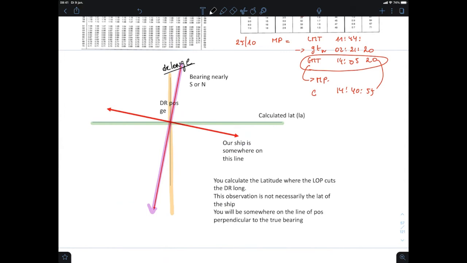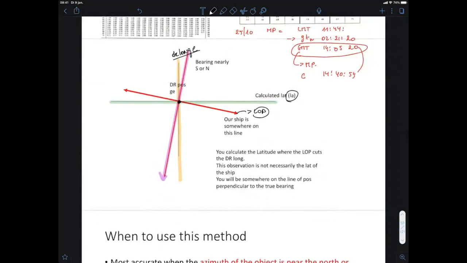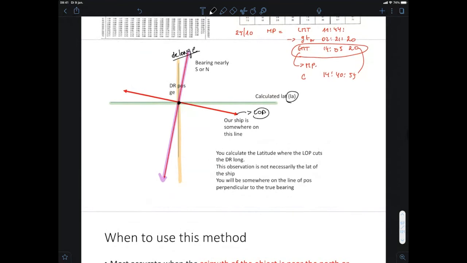You have to indicate it at the point where your calculated latitude intersects your dead reckoning longitude. So, and that is this point. And so starting from that point, you draw your true bearing, and perpendicular to the true bearing, you find your line of position. And that is the position where your ship will be at, or where your ship will be on. Okay. Well, actually, this is nothing else than a shortened method for an intercept.